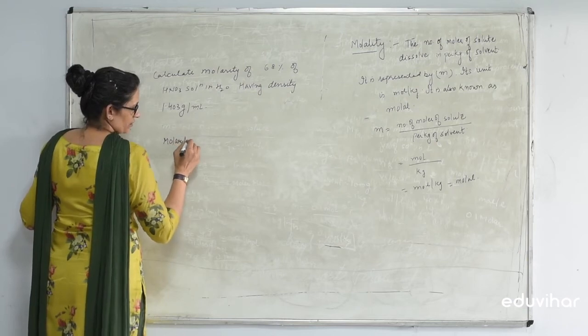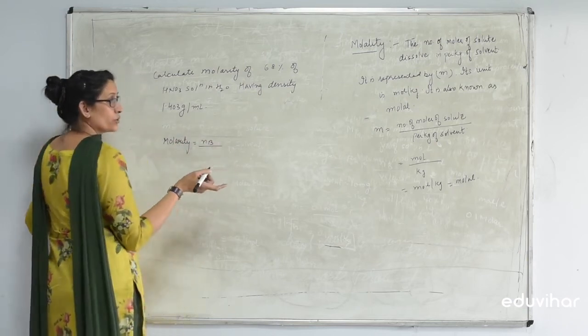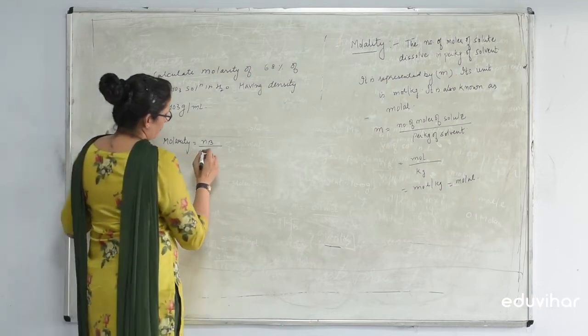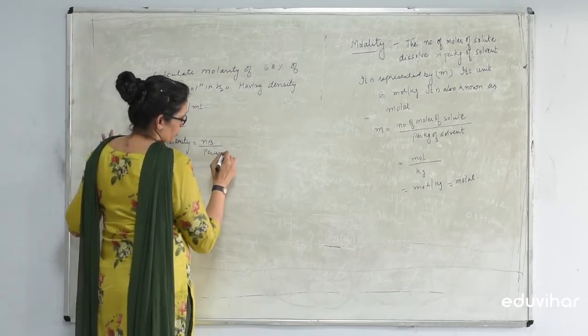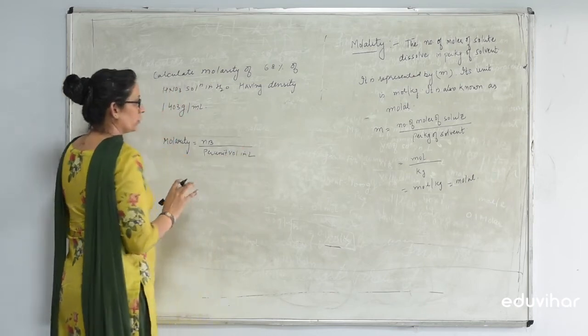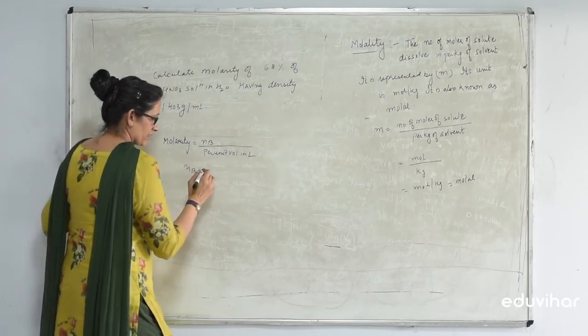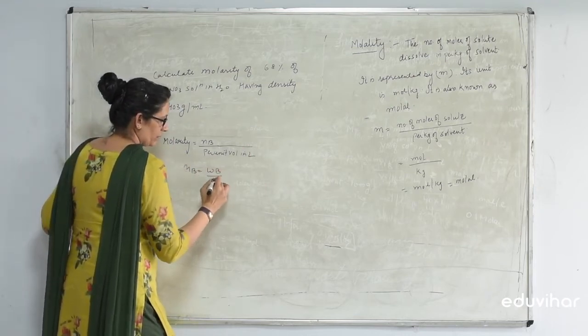Molarity is the number of moles of solute present per unit volume in liter. Nb can be calculated as Wb upon Mb.